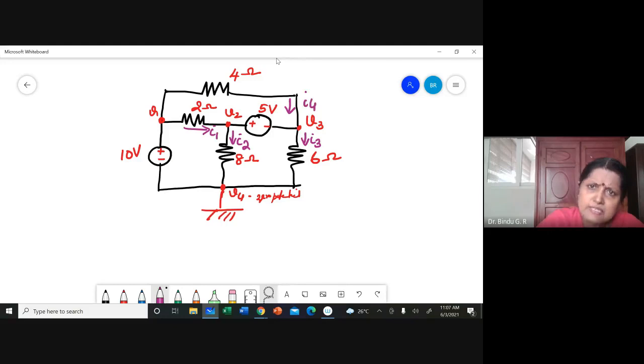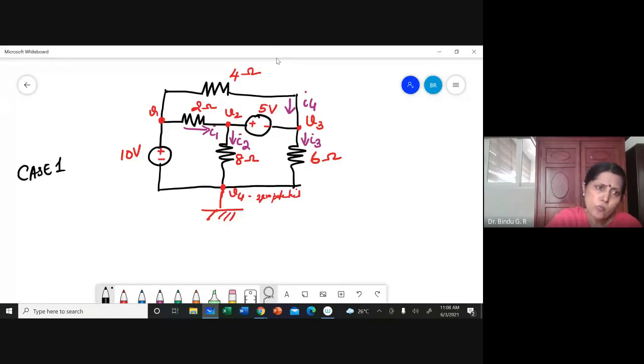It can be in any direction, because finally when I get the answer, if I1 happens to be a negative value, -5 or something, I will always know that I1 is not in the direction that I had assumed. That is so.